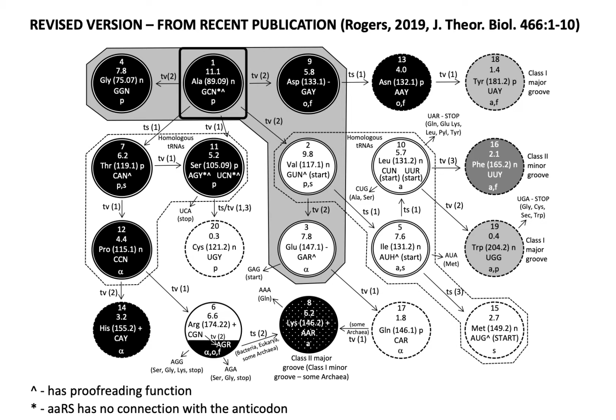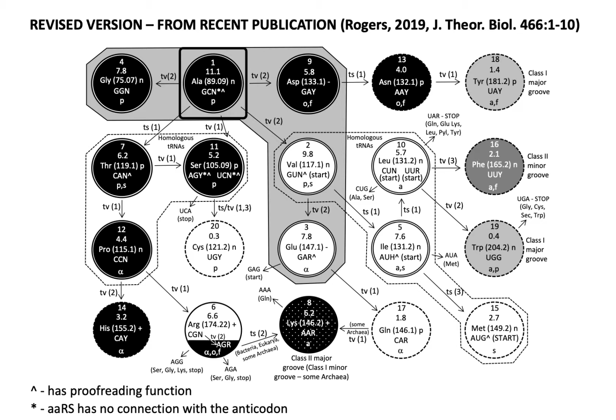There's alanine with the molecular weight. The N there means that it's non-polar. You'll see other ones with P that are polar, or a positive charge or a negative charge. The codon is GCN.